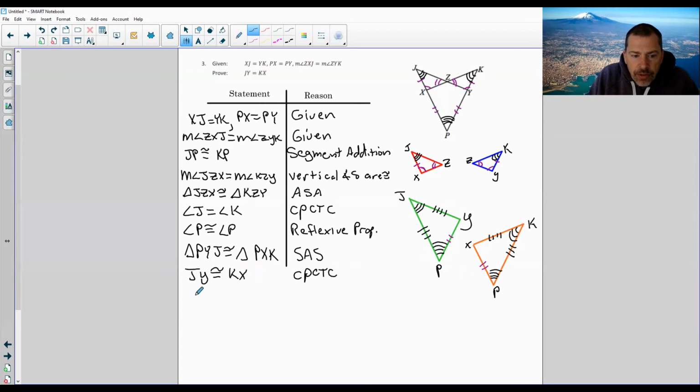So saying they're congruent, we can now say that the measure of JY equals KX. Reason, definition of congruent. If something's congruent, it's got the same length. If two segments are congruent, they have the same length.